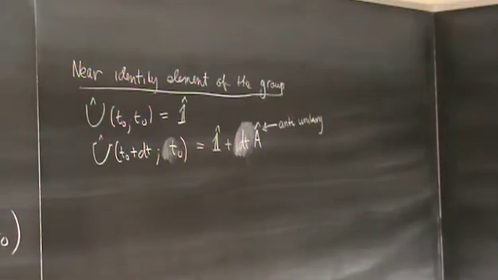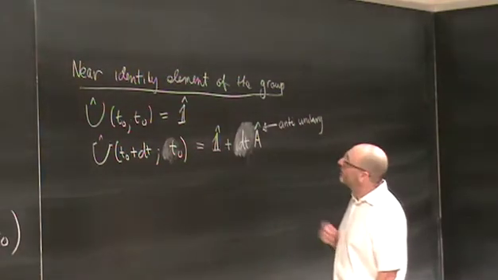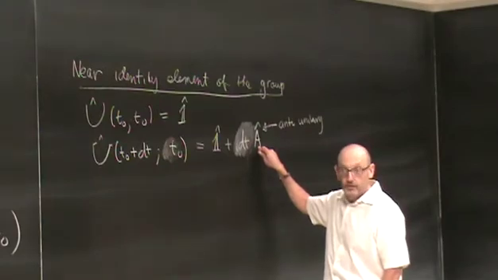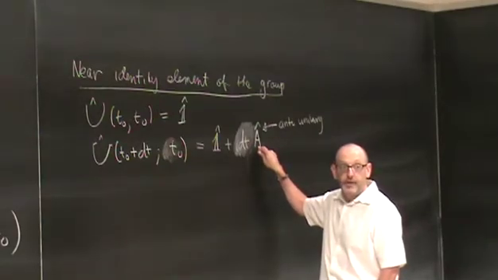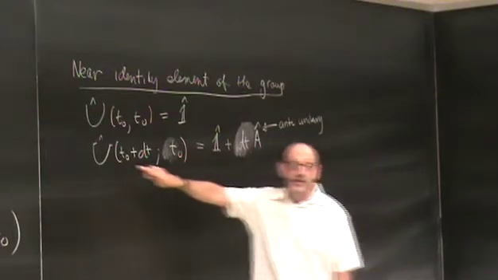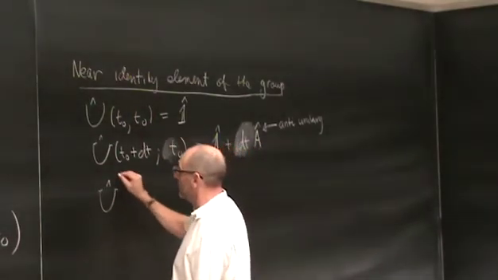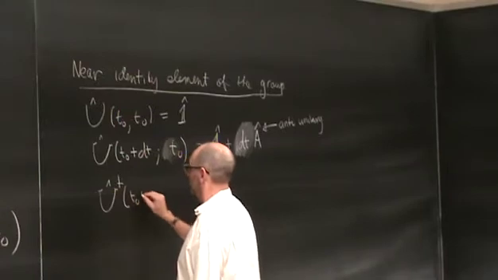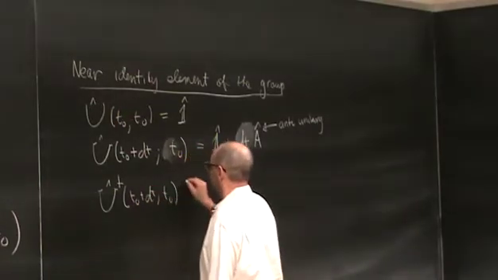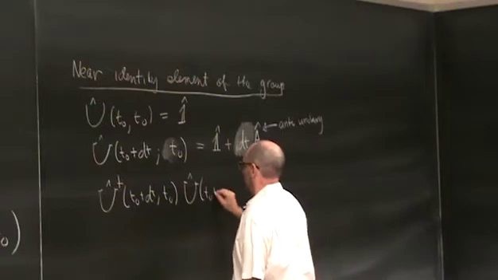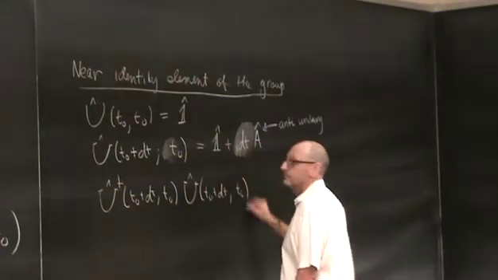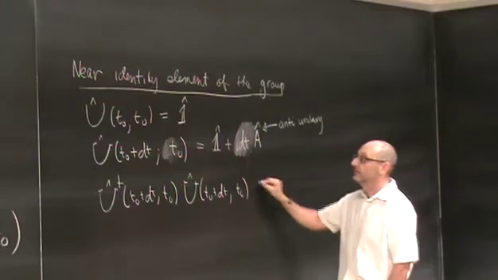Why does that have to be anti-unitary? For the composition law to work, it's got to be a linear operator, otherwise the composition law won't work. But it's also got to be a unitary operator, so that the terms cancel out. So it's got to be the case that U dagger U is the identity, right? And what is that?